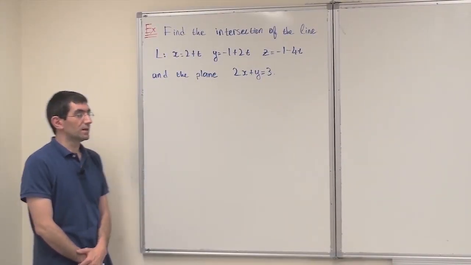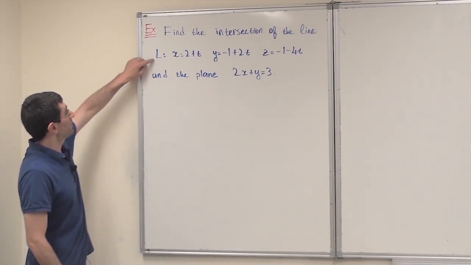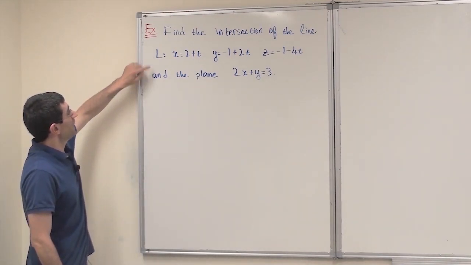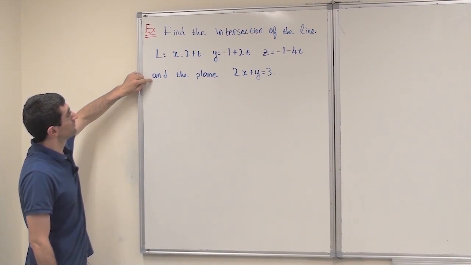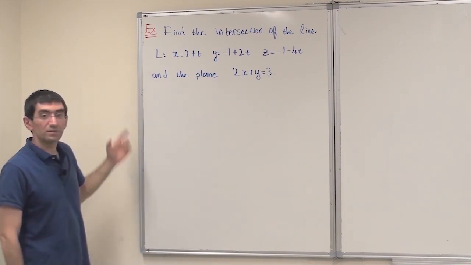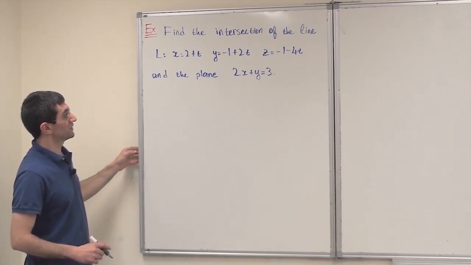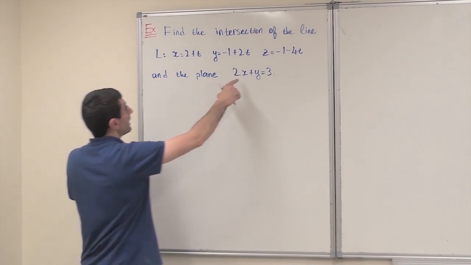In this exercise, we want to find the intersection of the line given by these parametric equations and the plane. So, to find the intersection of any two objects, we need to set the equations of these two objects equal to each other.